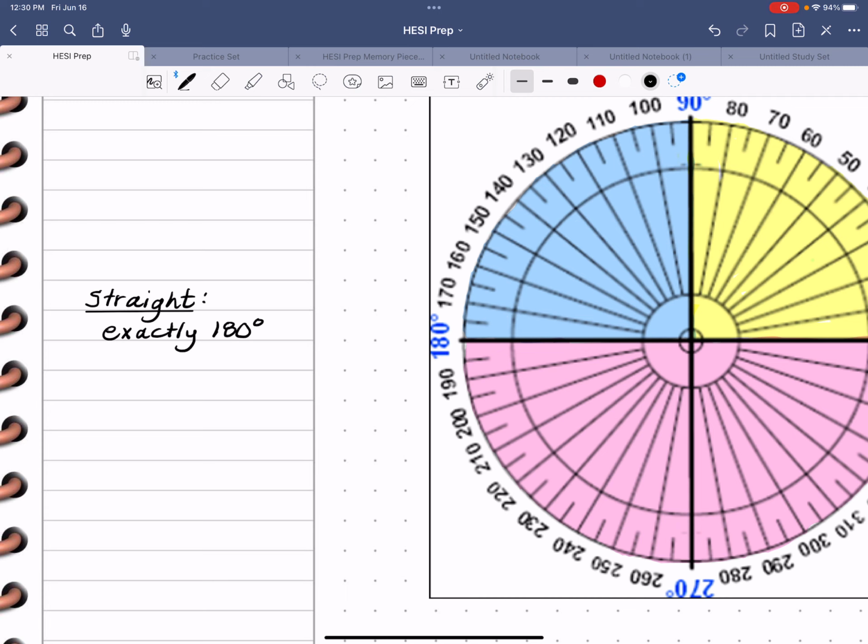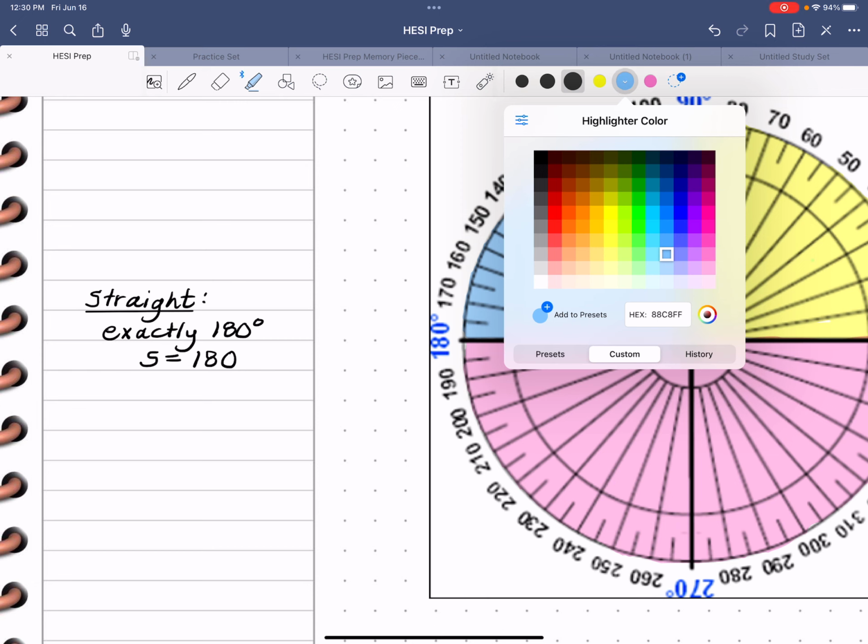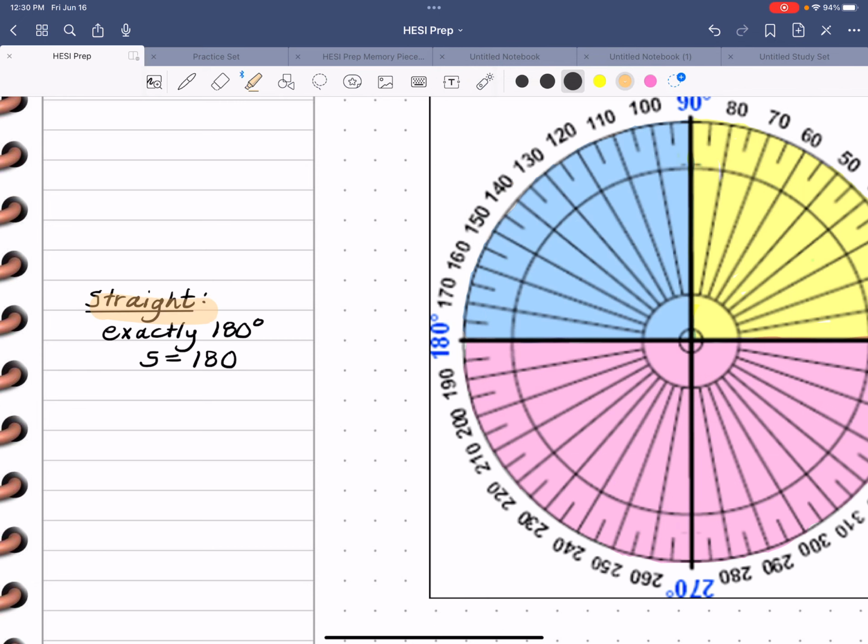So if you write that in mathematical terms, you would say a straight angle is 180. Exactly. It cannot go even a hair's width above that or below that. It is spot on 180 degrees. And if you have that situation, you have a straight angle. Exactly 180.